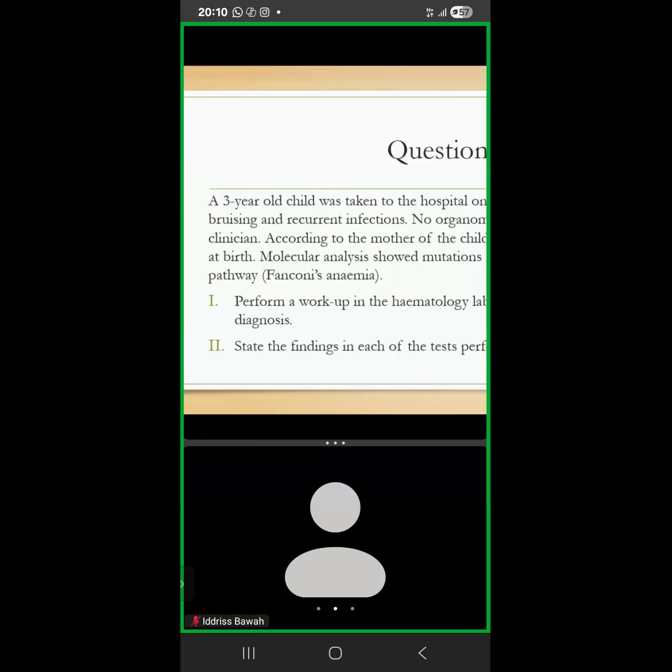So for every full blood count result that is seen, that is flagged, there will be differential diagnosis. That's like when we were classifying anemias, and we said microcytic anemia could be thalassemia, could be iron deficiency, could be anemia of chronic disease. Those are differentials. And so you carry it through. Every result you look at, there's a possibility of A, B, C, D.